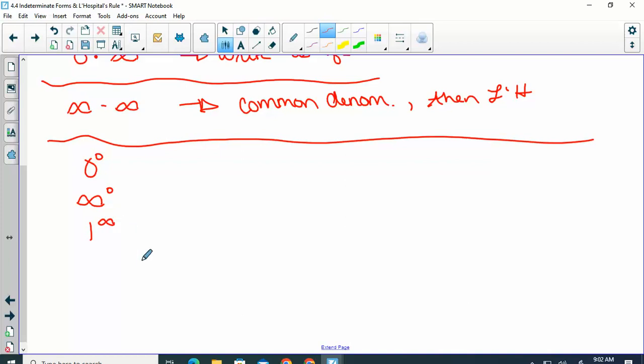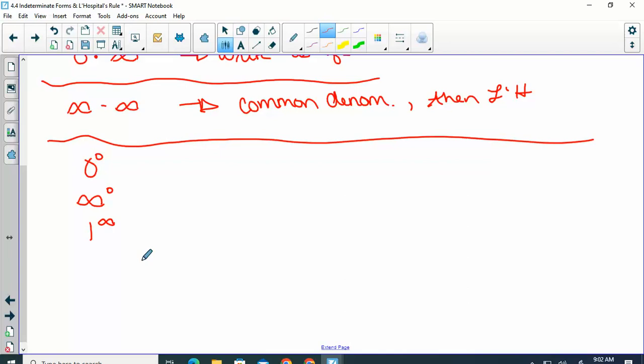Because 1 to any power is 1, but a number to the infinity is going to infinity. So these are the final 3 indeterminate forms, things that we cannot just look at and know. And it will depend on the problem, basically, which function is increasing faster, what's going to win out.